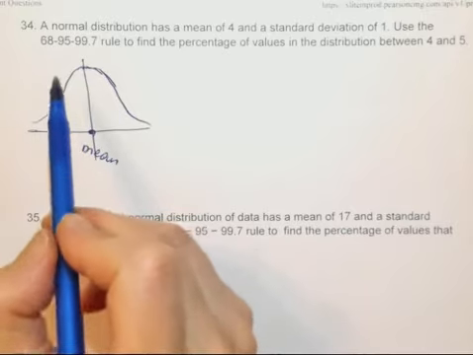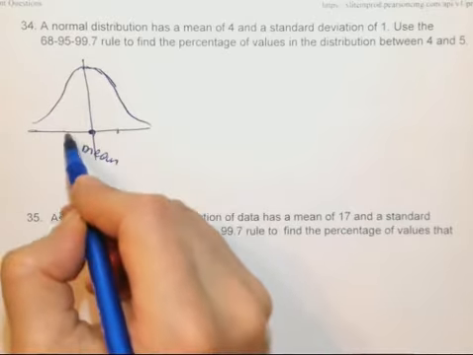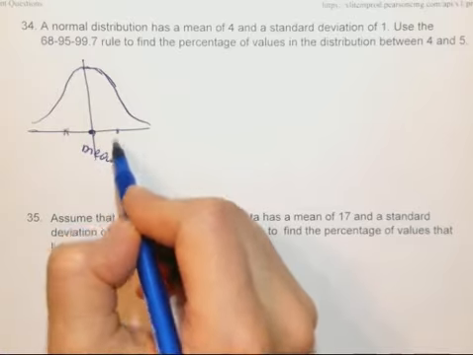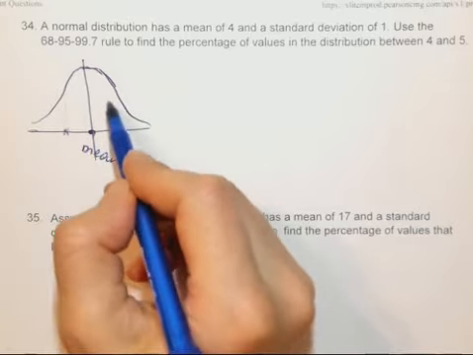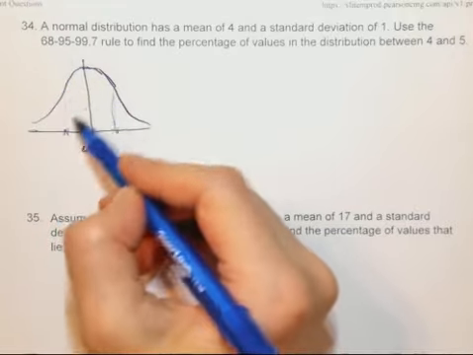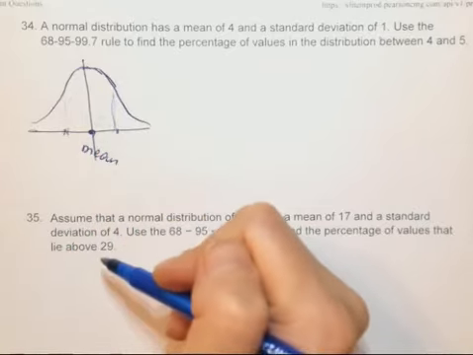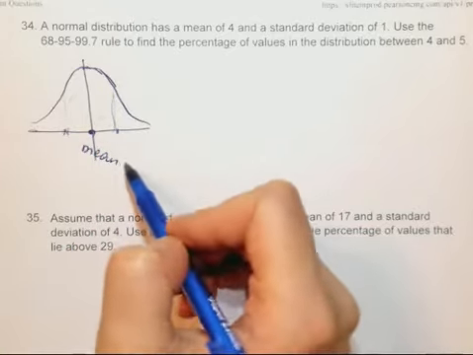And we know that at the point 1 standard deviation from the mean, 68% of data values happen to be inside this region.